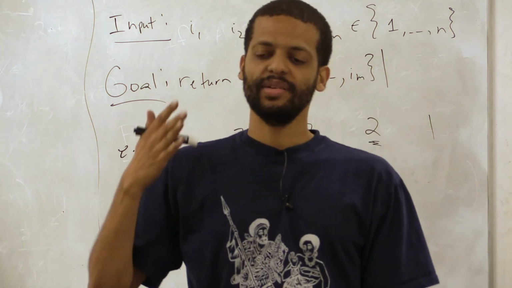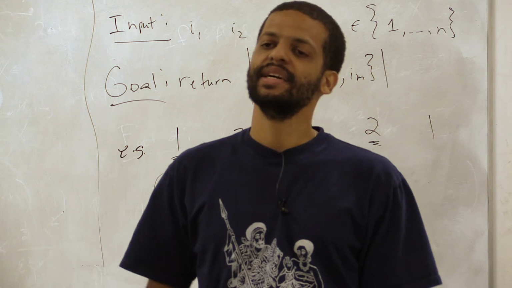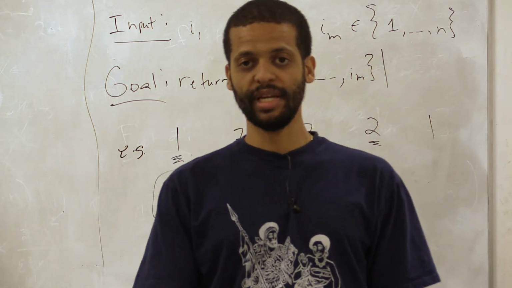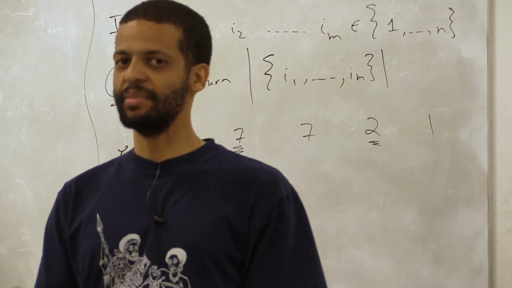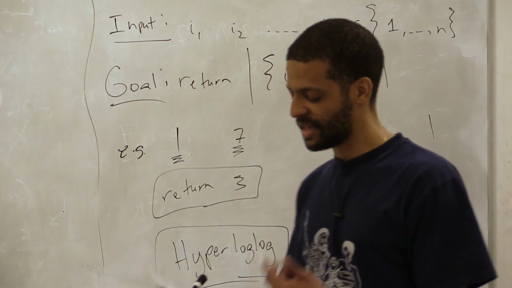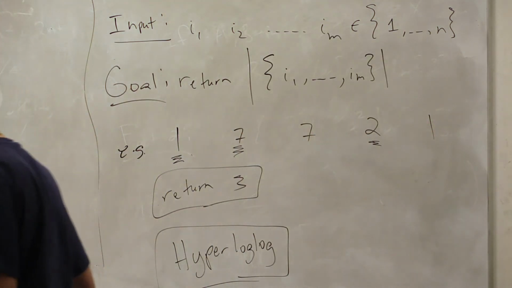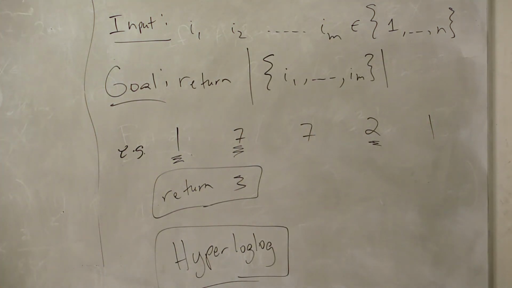Then when someone queries, I can look through and see how many 1s there were, and that tells me the answer. So that's n bits of memory, and I would like to get away with log n bits, exponentially better memory. Okay. So let's see an algorithm for the distinct elements problem.